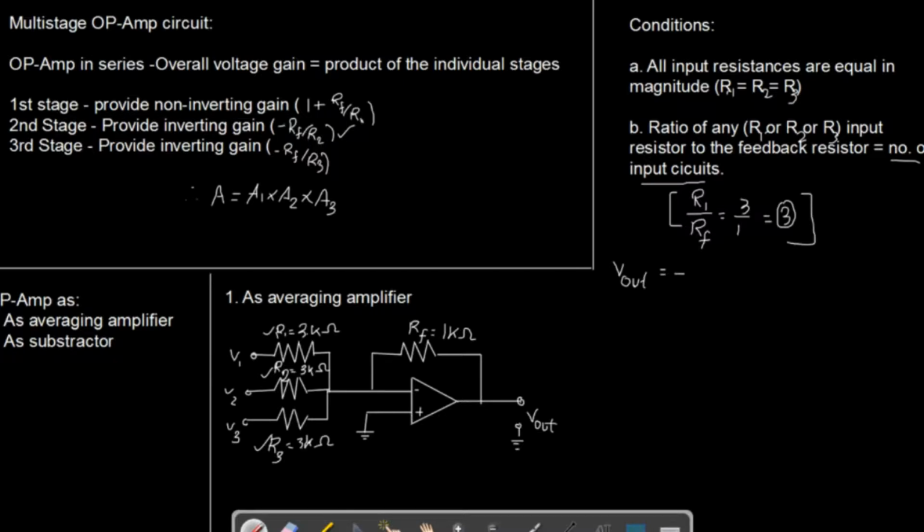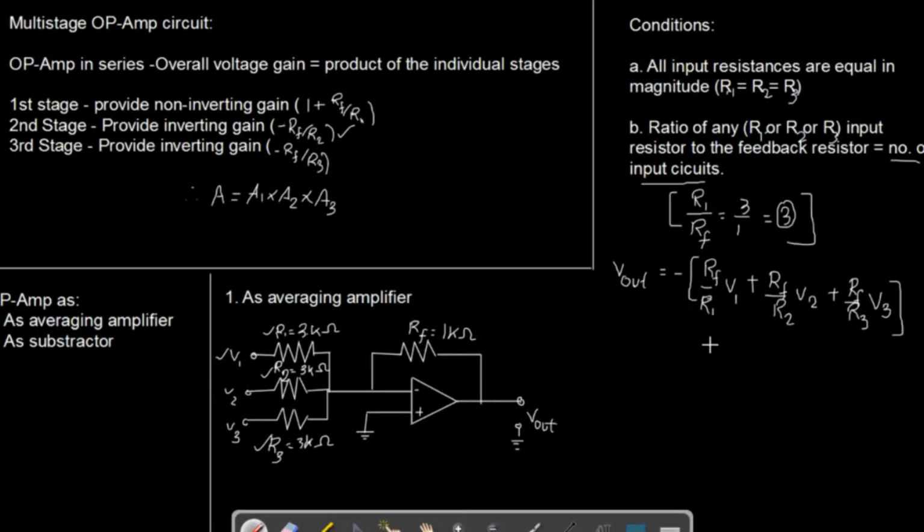So we'll take the minus sign out, and within the bracket put the other values: Rf divided by R1 times V1, the voltage at that particular point, plus Rf divided by R2 times V2, plus Rf divided by R3 times V3.